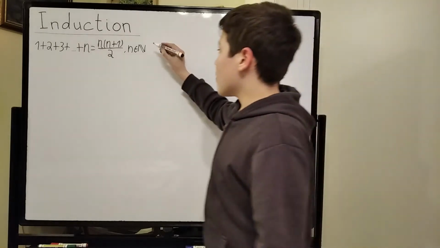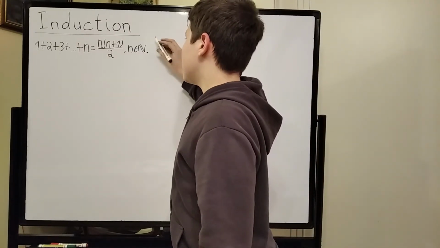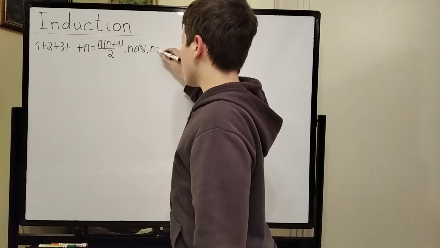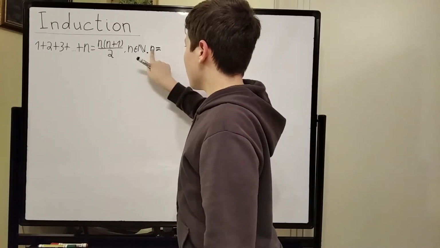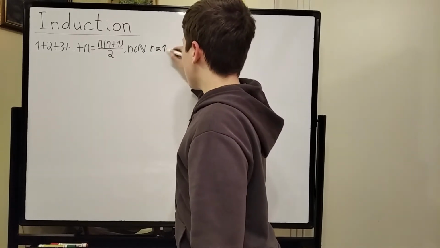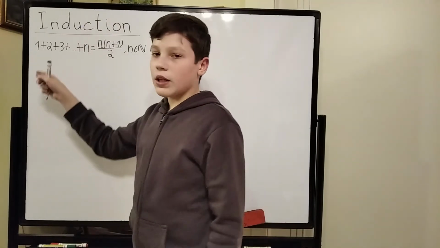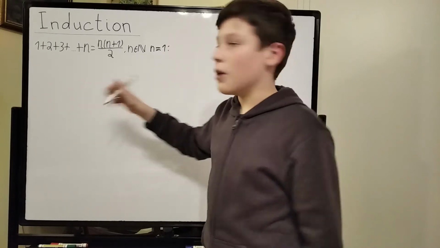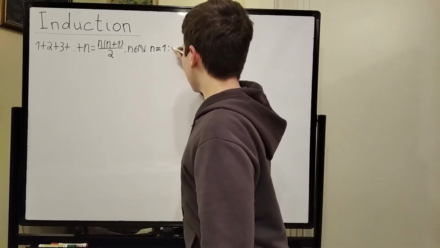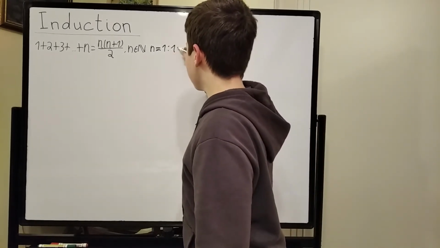So, first of all, the base case, n is equal to 1. We sum all integers from 1 to 1. So, surprisingly enough, we get 1.